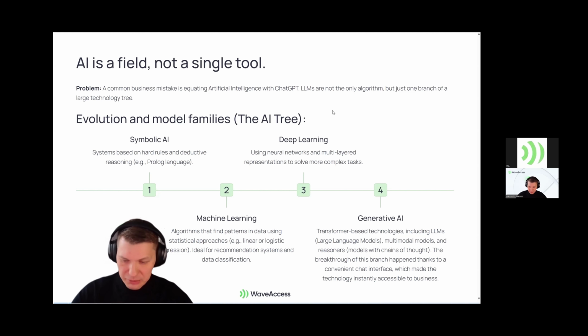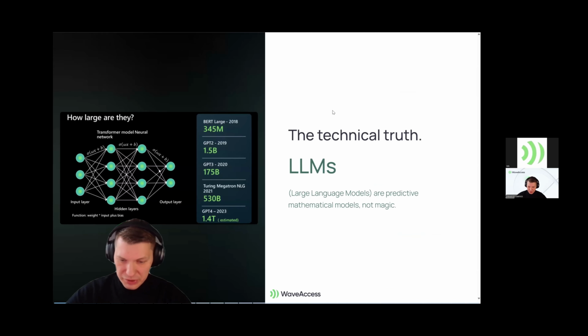all modern LLMs are not magic. It's not artificial intelligence. It's an algorithm which predicts the next token or the next symbol based on some logic inside its neural network.